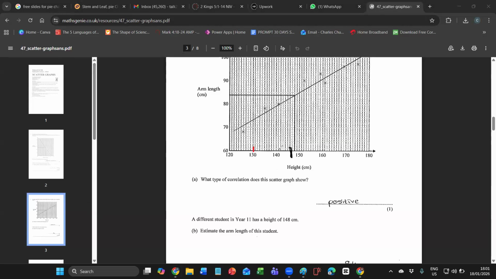So that means 140 is here, and that would mean that 150 is here. Did you get that? It's just directly the middle digit. So 148 will be where this line is.